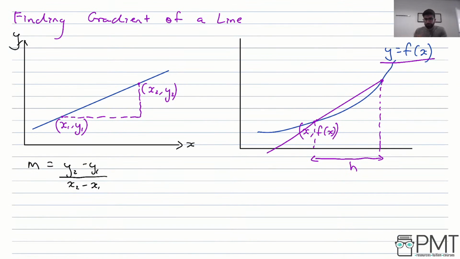So what's going to be the x coordinate of this point then? If it's a distance h away from our initial point, we can call it x plus h. And the y coordinate, we can call it f of x plus h.